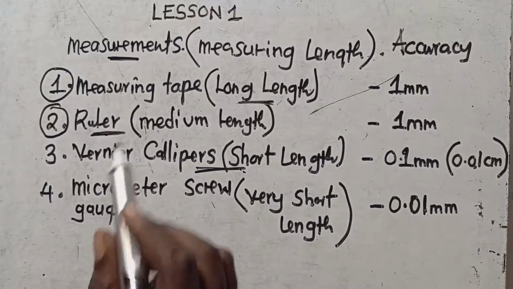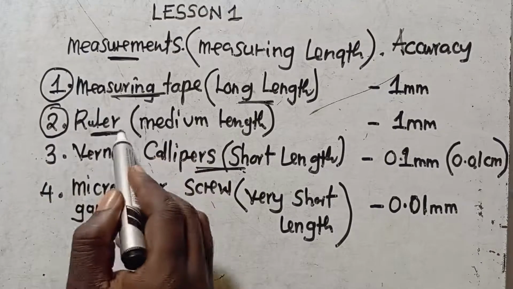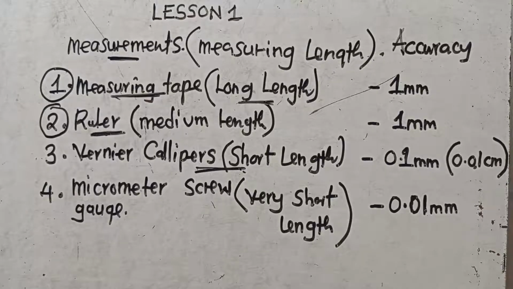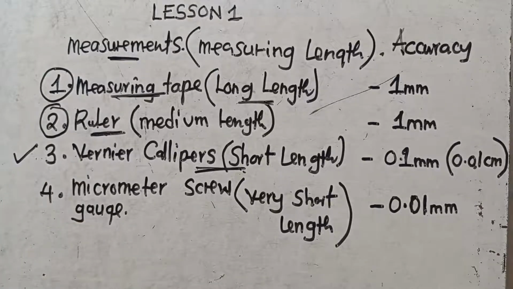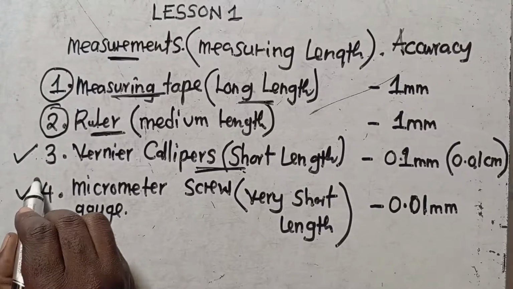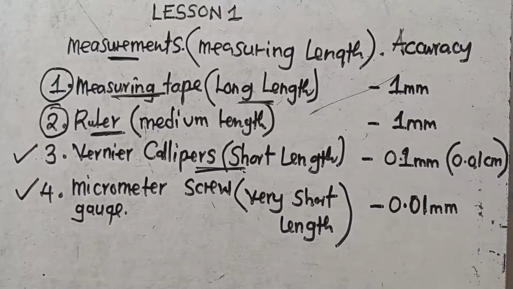Our key interest is how to get the readings on a vernier caliper and on a micrometer screw gauge. These are the ones that even come in an exam, so the focus is on these two.